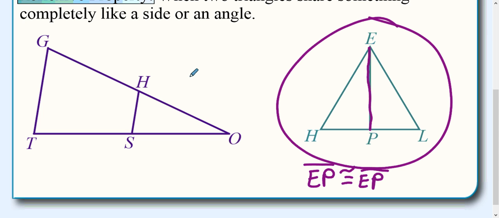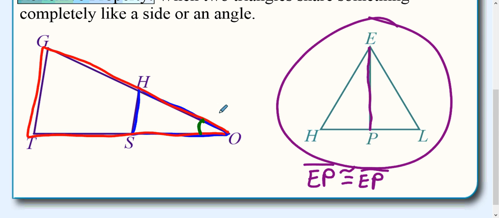On this other drawing, this still happens. It doesn't happen as often, but it still happens where there are two triangles. We've got the small triangle, and then we have this bigger triangle. But they have one part that's exactly the same, and that's right here, angle O. They both have that angle. That angle is the exact same in both of them.